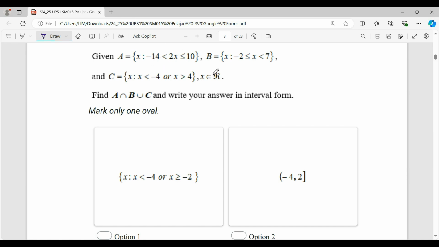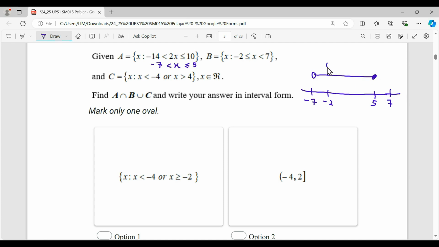Next, we're going to look at the intervals for A, B, and C. All these x are real numbers. We're going to intersect and union. First of all, we intersect this, so simplify this interval first. Divide by 2, it will be negative 7 and 5. Negative 7 is not included, 5 is included. Then set B, negative 2 and 7.